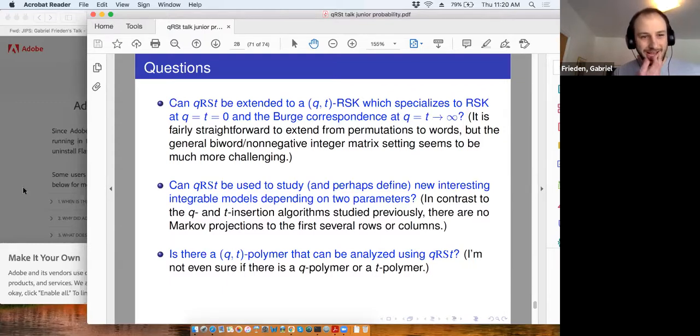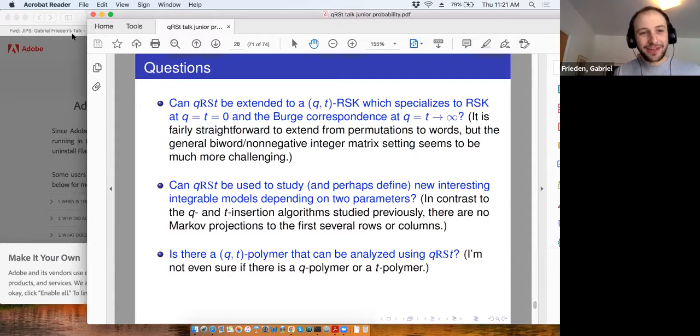There is no environment that you can define a polymer in. Oh, huh. But there is a random recursion for the qRSt that he's calling q-polymer. I personally don't agree with the name, but that's fine. Okay.